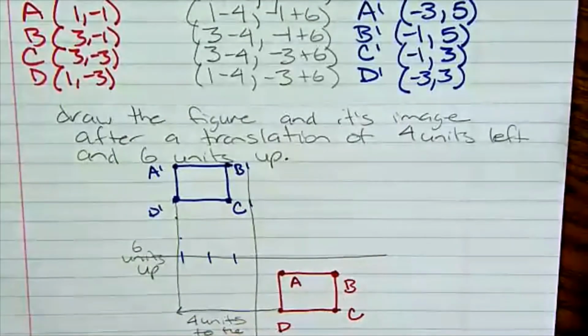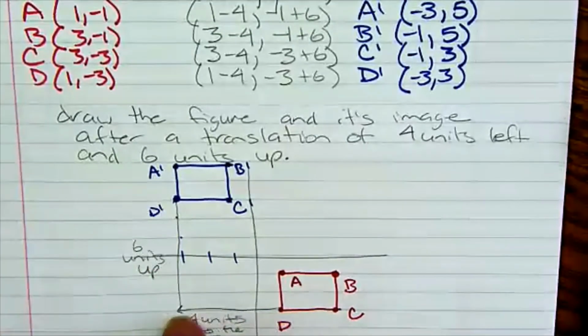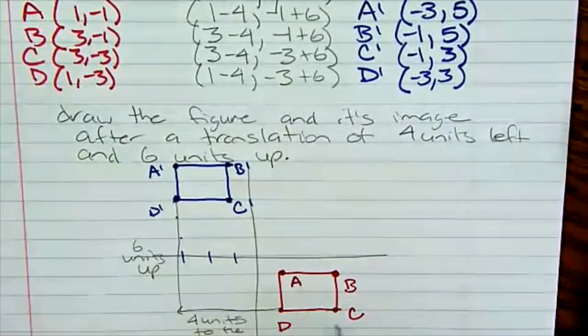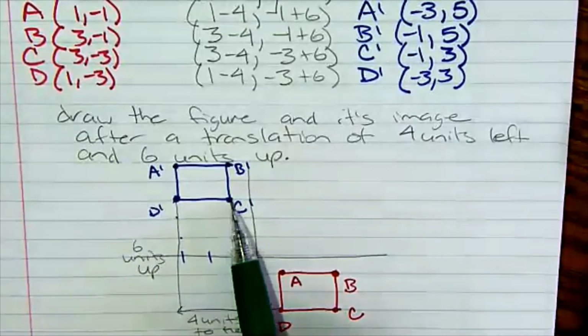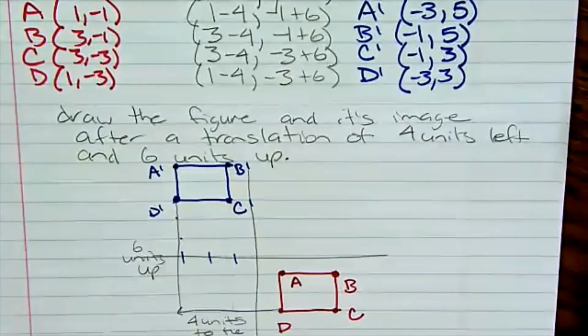So I have my corresponding points, D and D, 4 units to the left, 6 units up. And it will be the same for each one of these points. 4 units to the left, 1, 2, 3, 4, 6 units up. Okay? So that's what we're doing today.